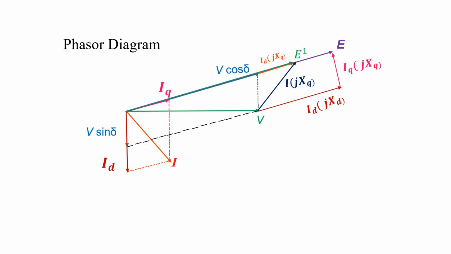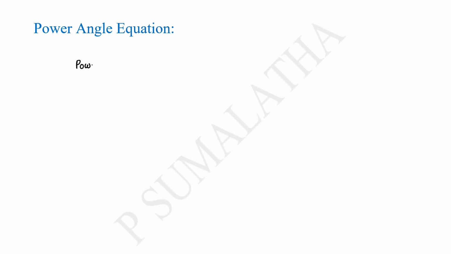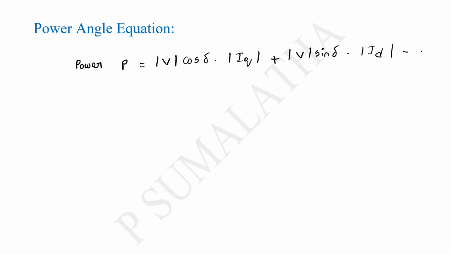Therefore, the power can be represented as the summation of the products V cos del into IQ and V sin del into ID. P is equal to mod V cos del into IQ plus mod V sin del into ID. Let us consider this as equation number 1.